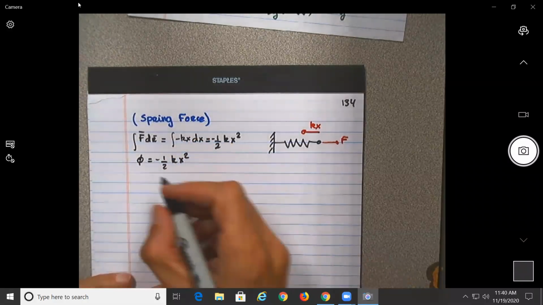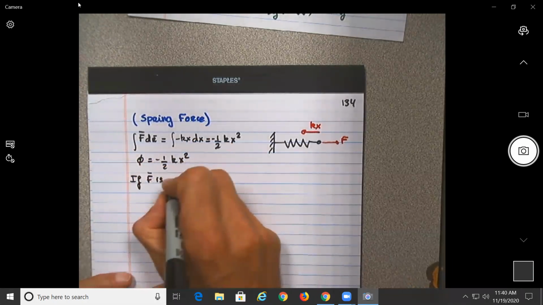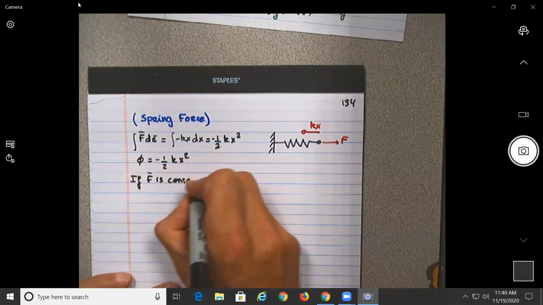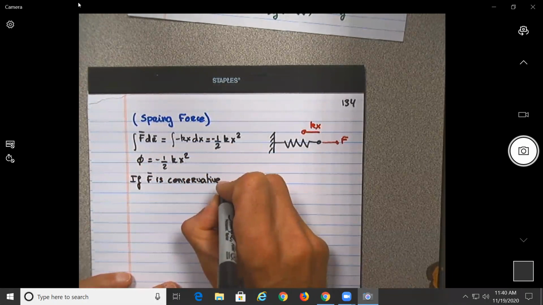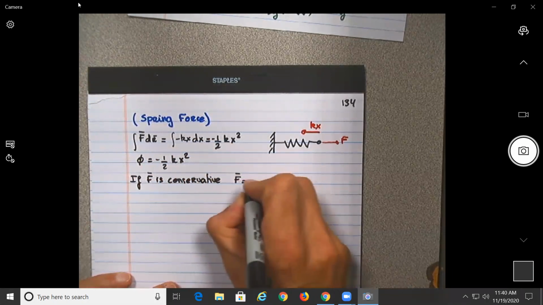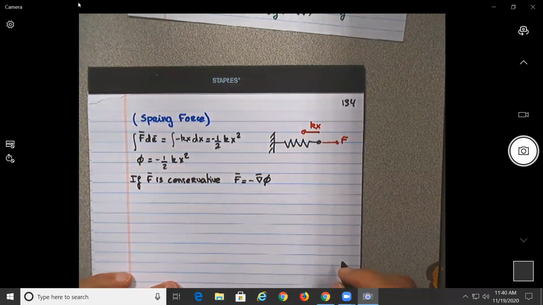So if this is true, so if F is conservative, what do we know? The force should be equal to the negative of the gradient of the potential function.